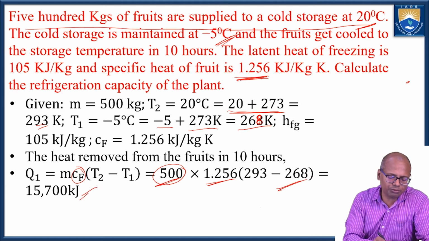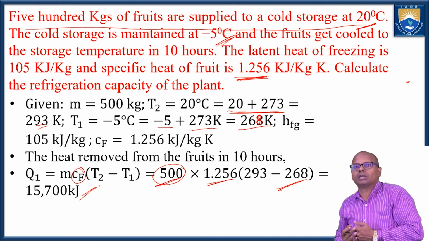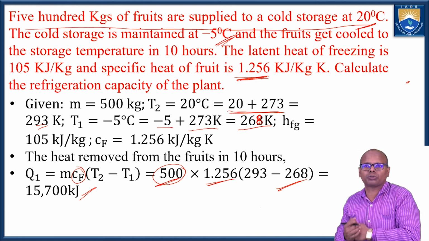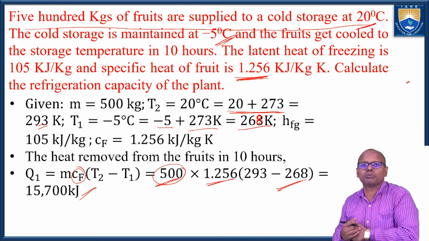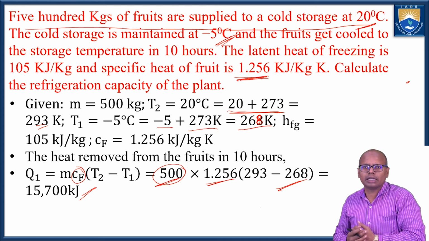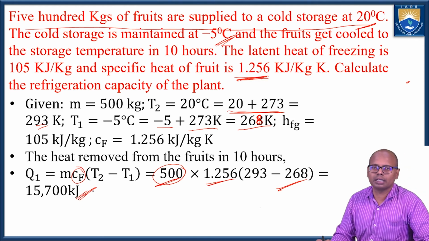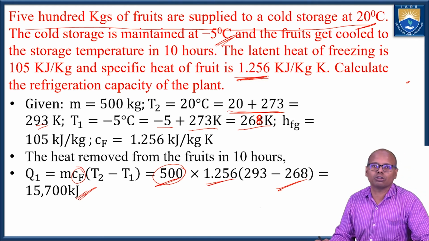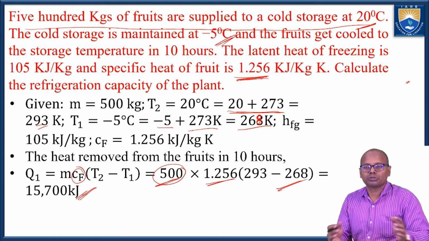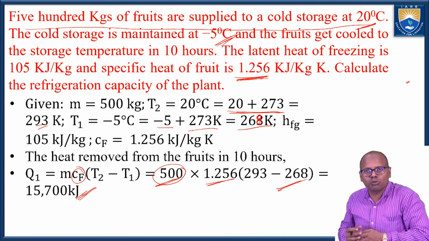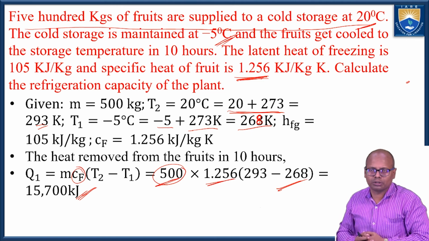So the amount of heat removed from the fruits in 10 hours is nothing but 15,700 kilojoules. Okay, so this is the amount of heat removed from the fruits.